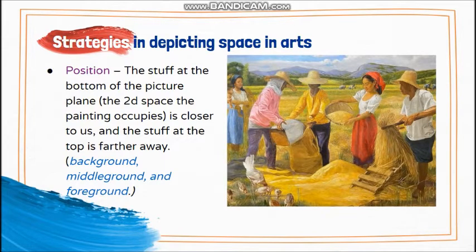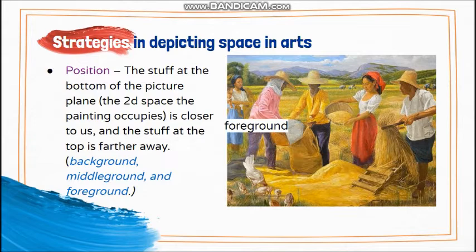Example, the three of these ones are background, middle ground, and foreground. Look closely at this picture again. By the way, this is an artwork from NAMI Art Gallery. So let's look at the different positions in here. The first one is the foreground.